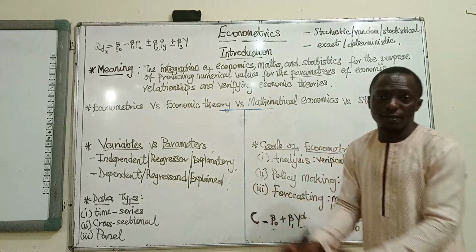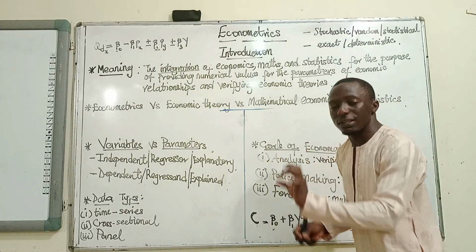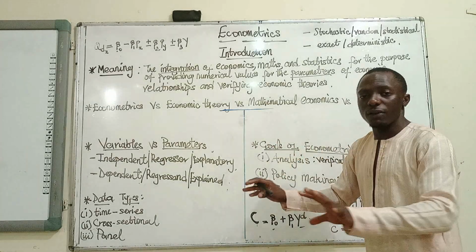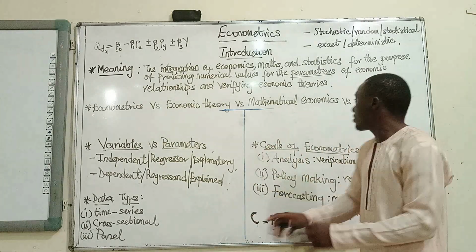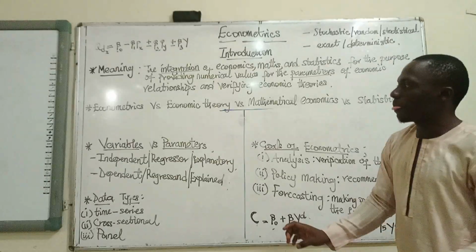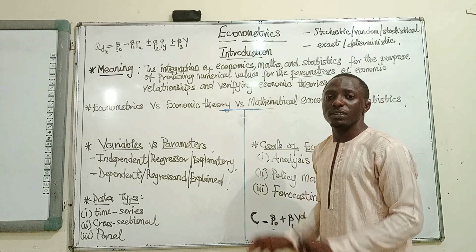So that is being exact. The same thing also with mathematical economics: you arrive at an exact figure while you are holding some other variables constant. The same thing also with statistics: you arrive at a specific figure. However, all other things are not always equal. It's very, very important to note that.